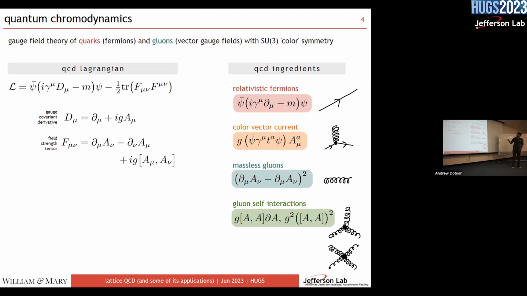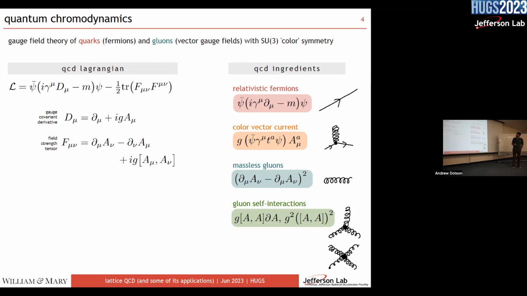And then in the third term, you have the piece of this expansion that has 2 powers of A, and that gives rise to the propagator describing a massless gluon. So here's a gluon propagator and they're massless.